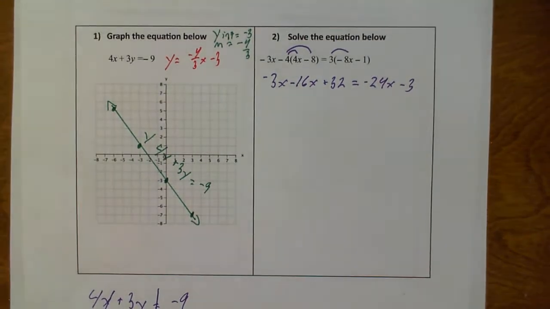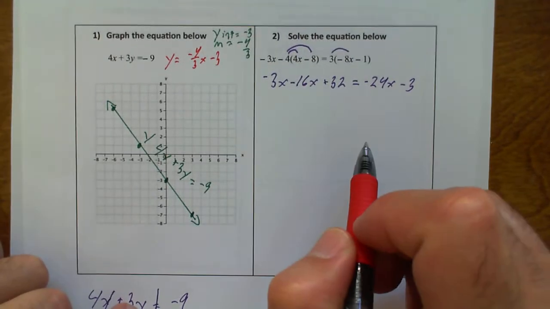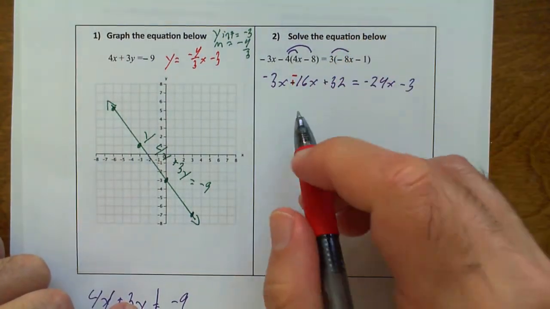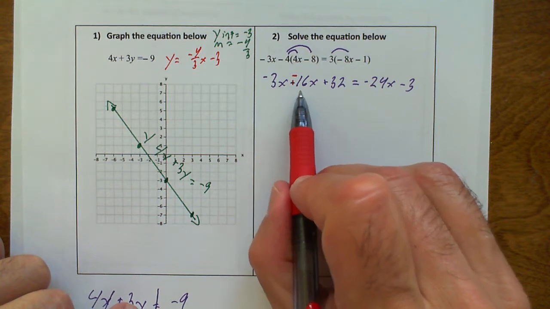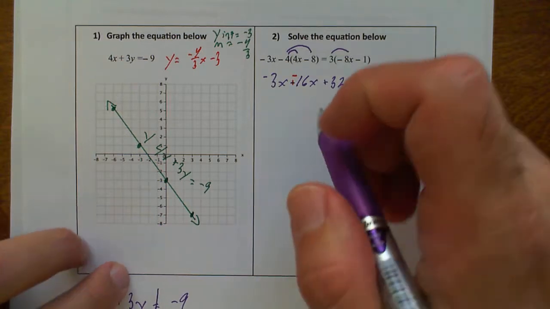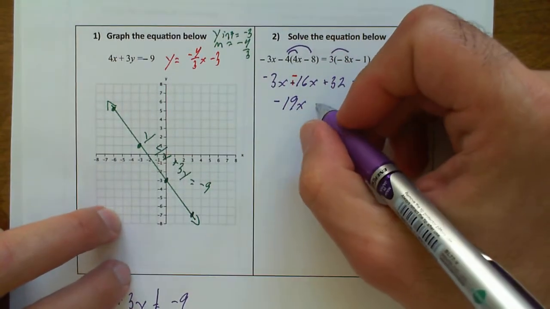Okay, no problem. Now, I have two x's over here, so let's combine those. Negative 3x and another negative 16x. How many x's do I have? Negative 19x.